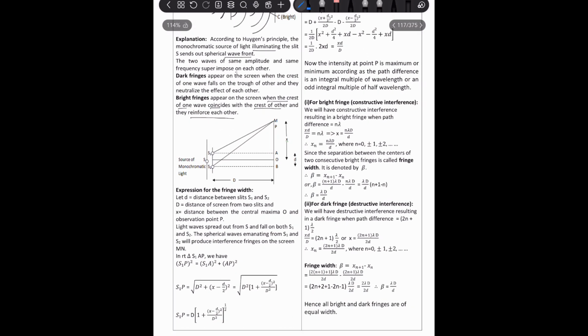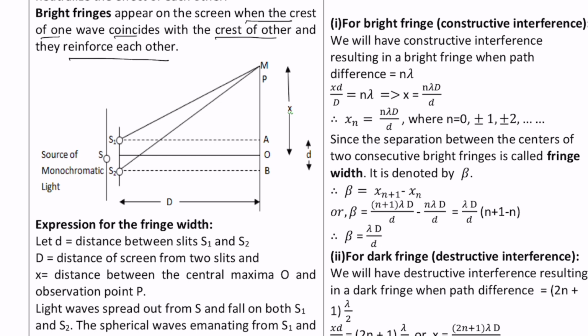So, the expression of fringe width. Suppose small d is the distance between the slits S1 and S2. Capital D is the distance between the slits and the screen.